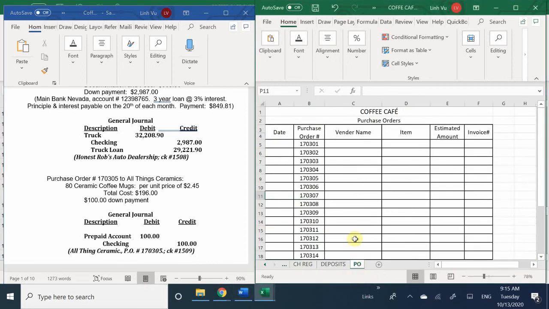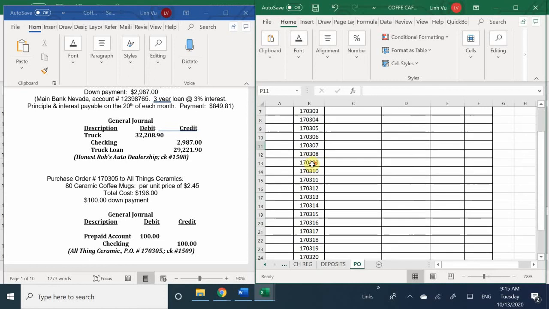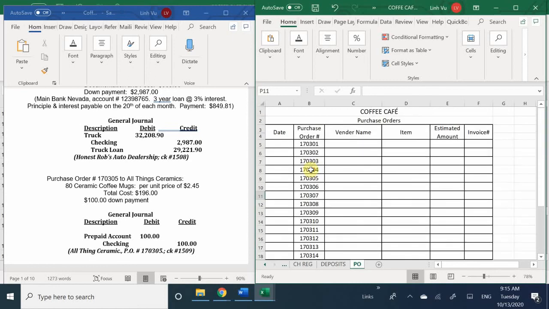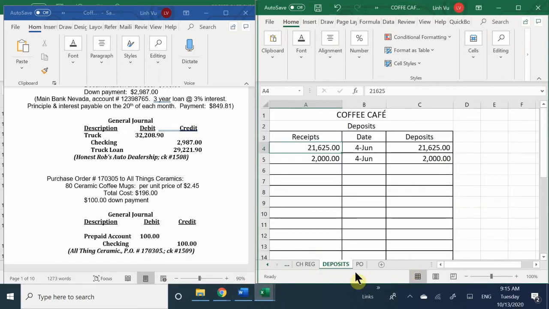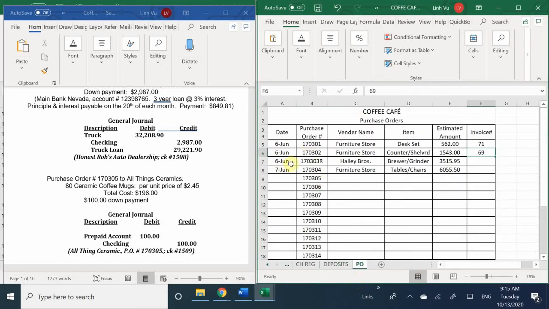So purchase orders. Okay. I think I'm in the wrong one. There you go. Purchase orders. Okay. So this is June 8th for purchase order 305, which is correct. All right.